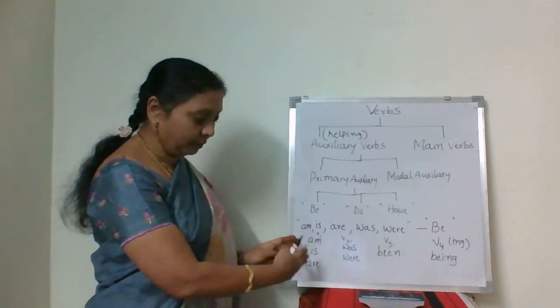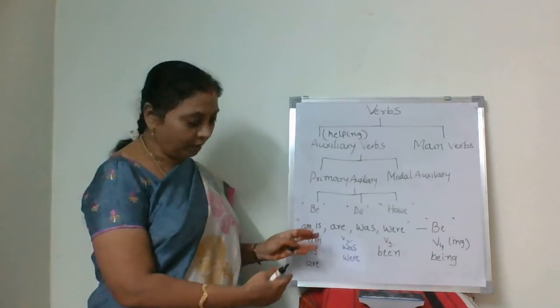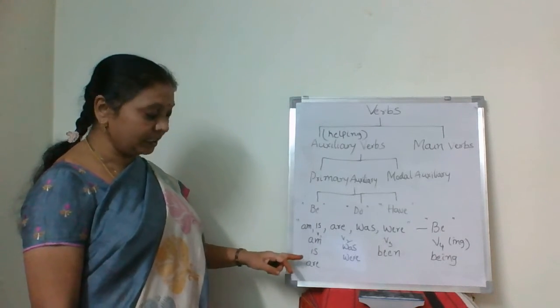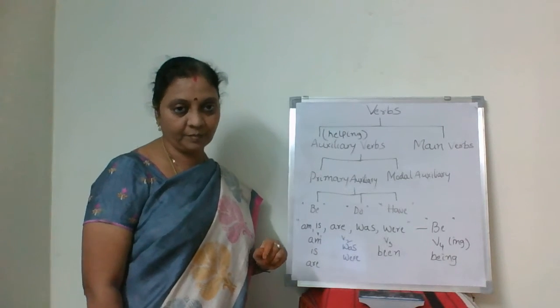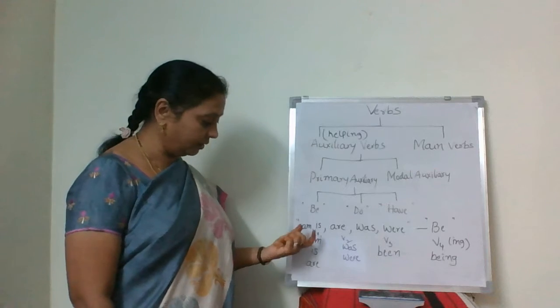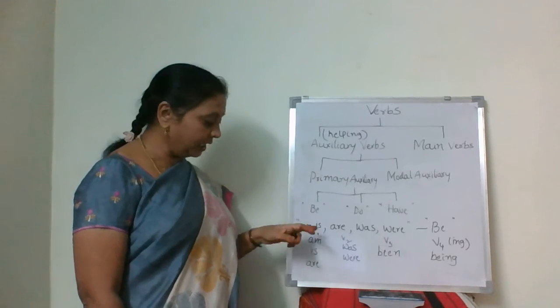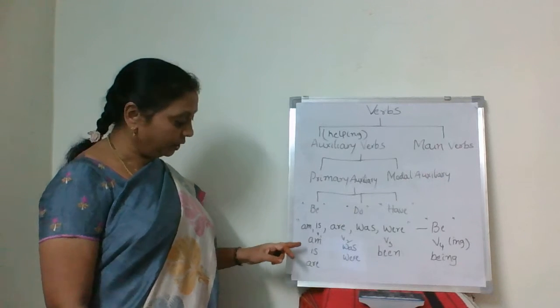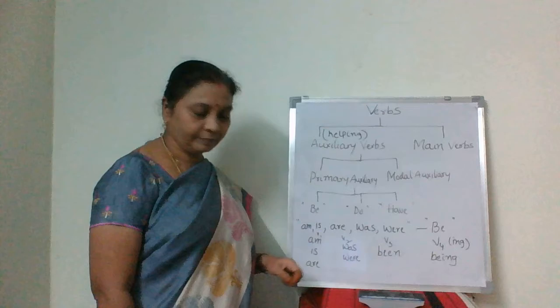Again, if you take it tense wise, V1, V2, V3, how do we write? Am, is, are, in present tense we use them. In simple present or V1 form, we use them. Be is the basic form, and in V1 form, we use am, is and are.